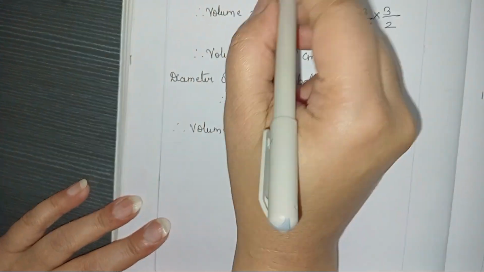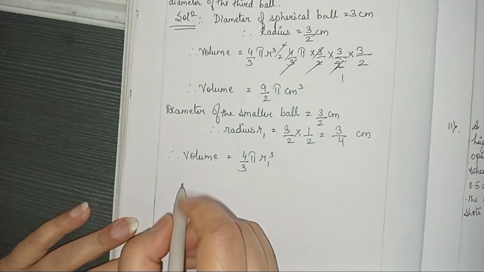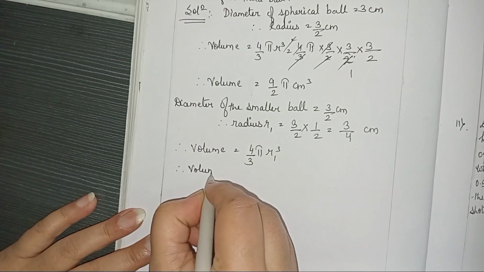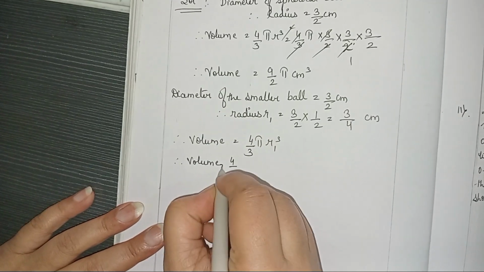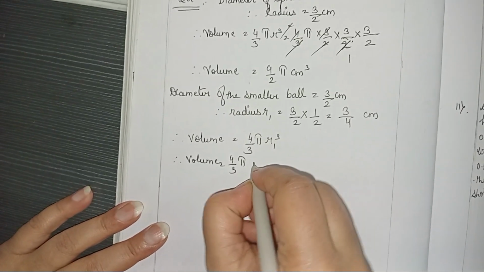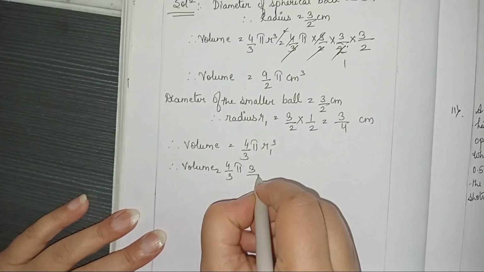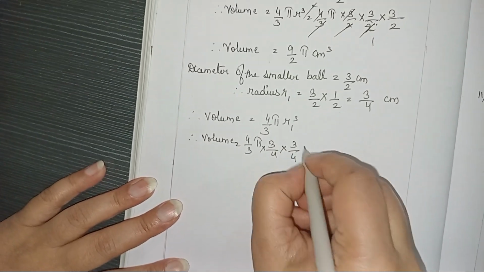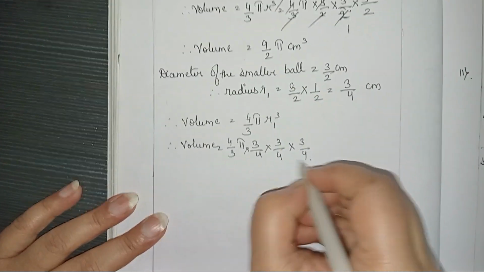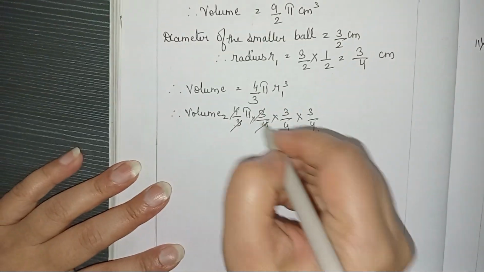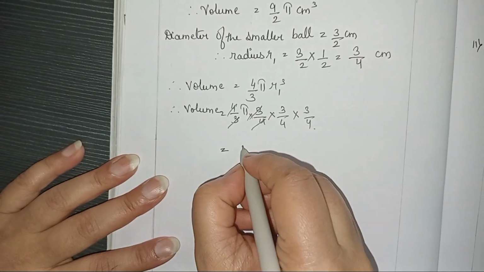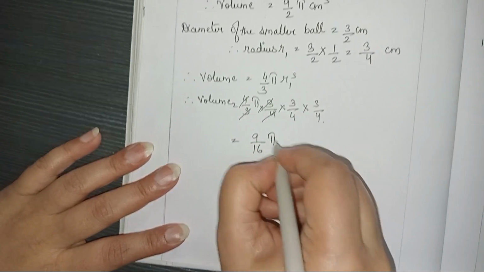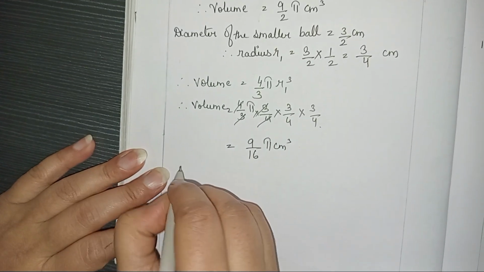This is for the first of the 3 spherical balls. Therefore, volume is equal to 4/3 pi into 3/4 into 3/4 into 3/4, which will give you 9/16 pi centimeter cube.